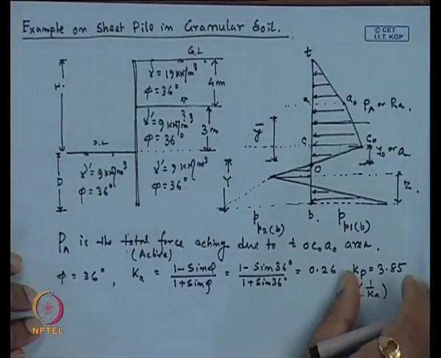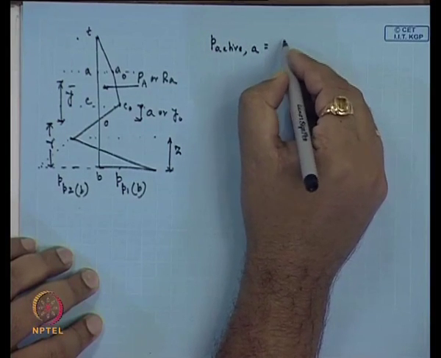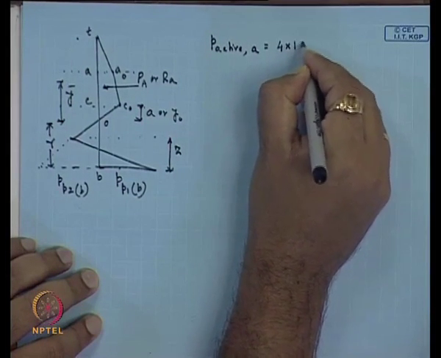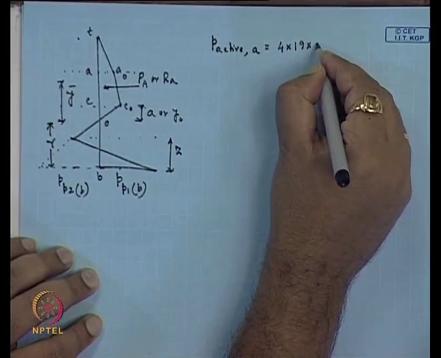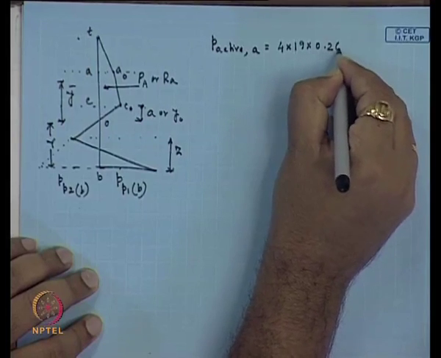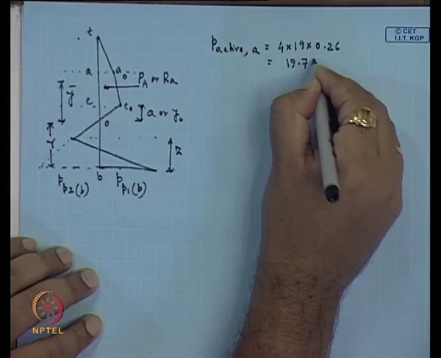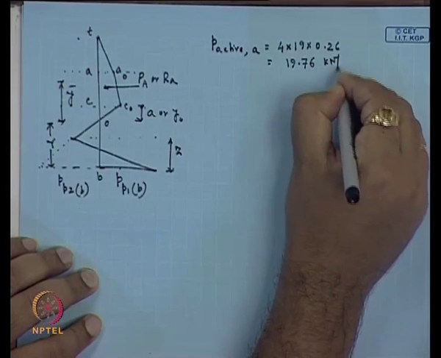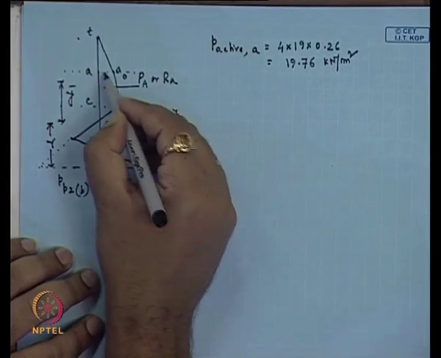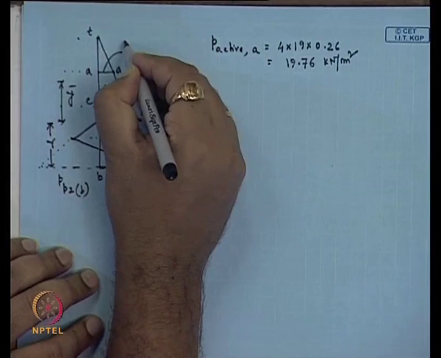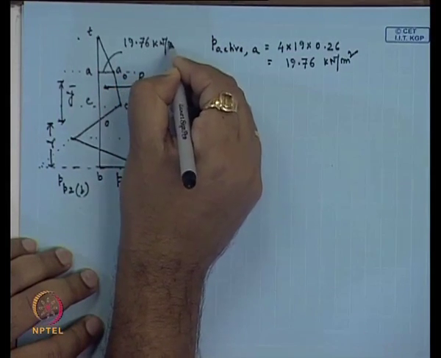Then we can write that at A point, this will be 4 into 19 into the active coefficient of earth pressure, that is 0.26. So, the force at this level will be 19.76 kilonewton per meter square, that is at this level.